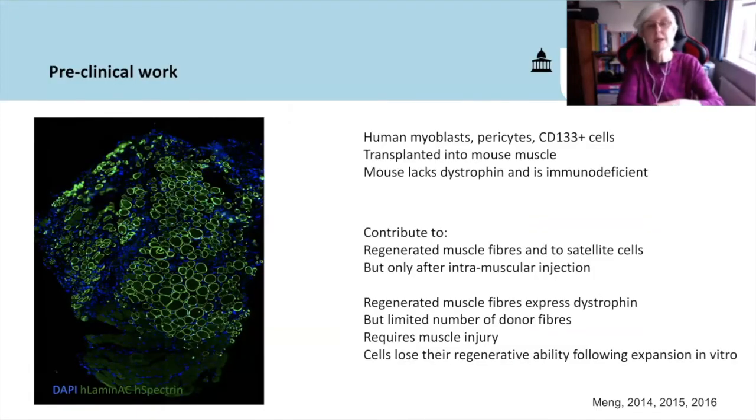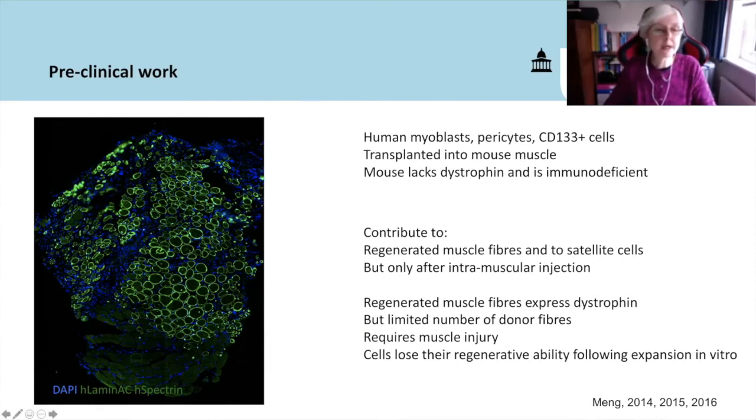In our preclinical work using this cell transplantation model, we've shown that many different cell types derived from skeletal muscle can contribute to muscle regeneration, and many of them can also contribute to functional satellite cells. But we've only been successful after injecting the cells intramuscularly, and only if the muscles have been injured before transplanting the cells.